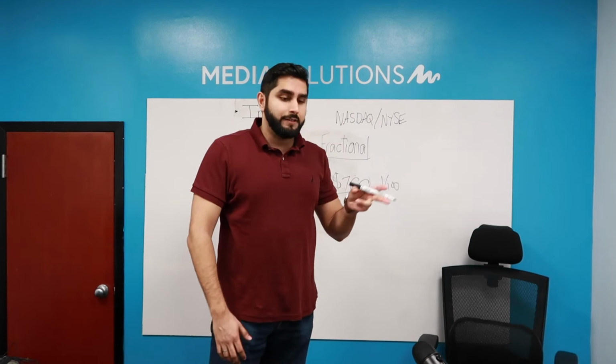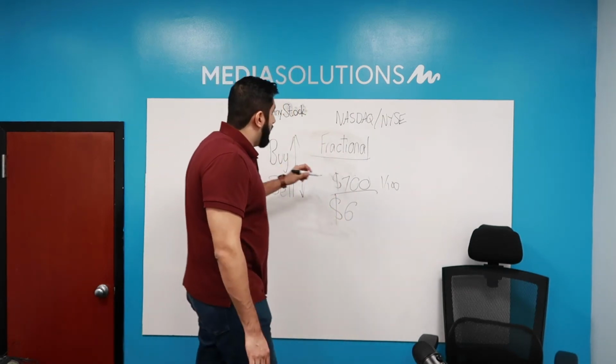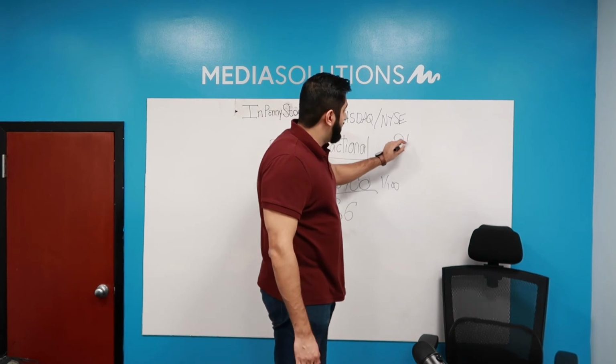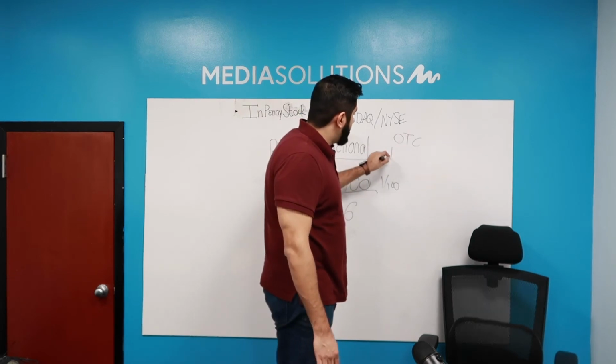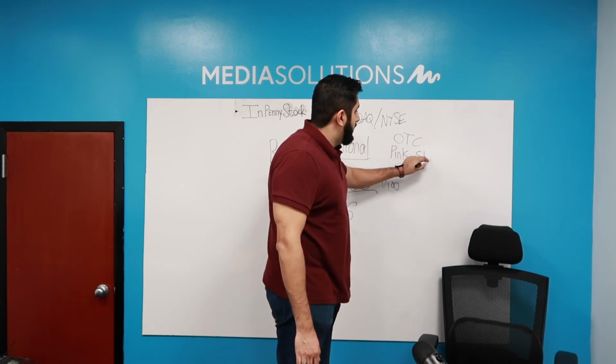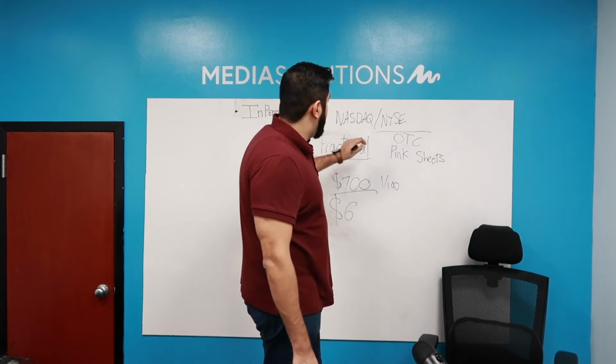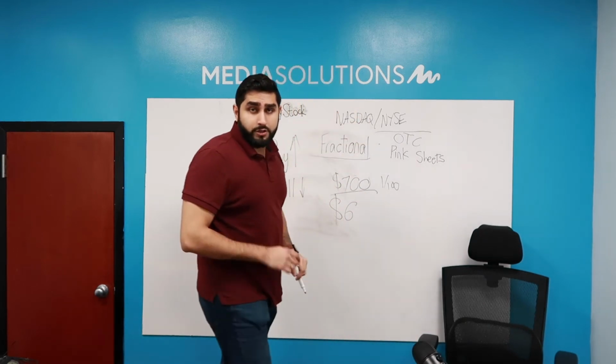But penny stocks are actually on different exchanges. These are more so on OTC, which stands for over the counter, and pink sheets. The only reason I tell you this is because you have to understand the implications of what that means for penny stocks versus regular stocks.